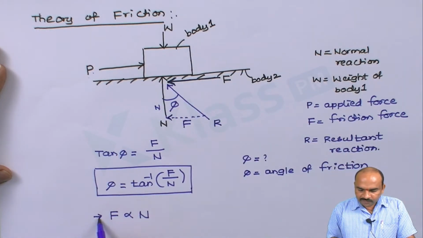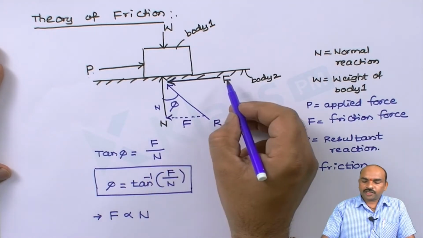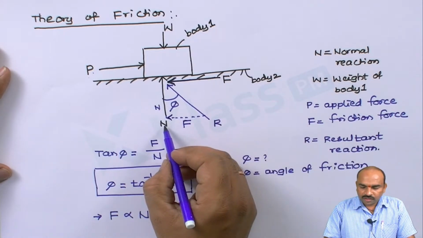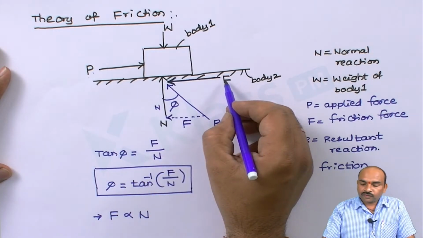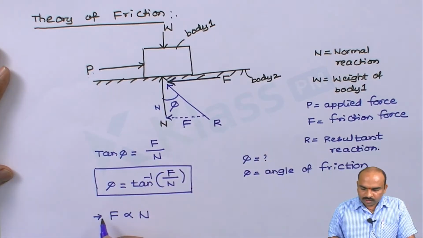So the friction force F is directly proportional to the normal reaction: if F increases, the normal reaction will also increase. If F decreases, N will decrease.